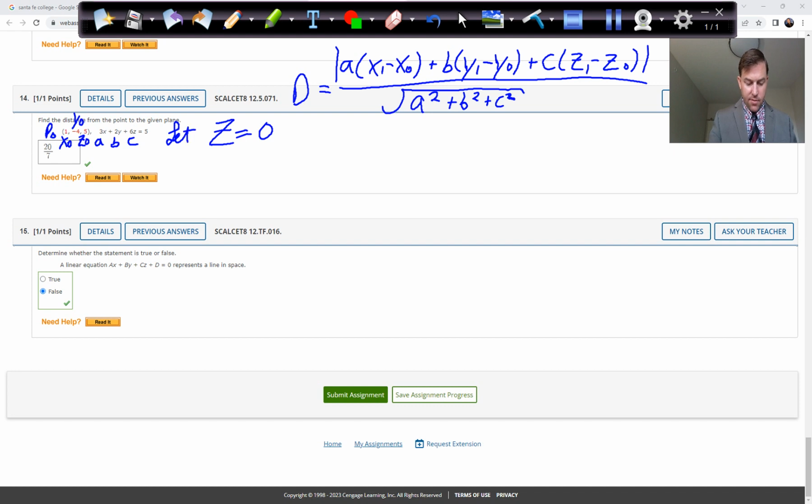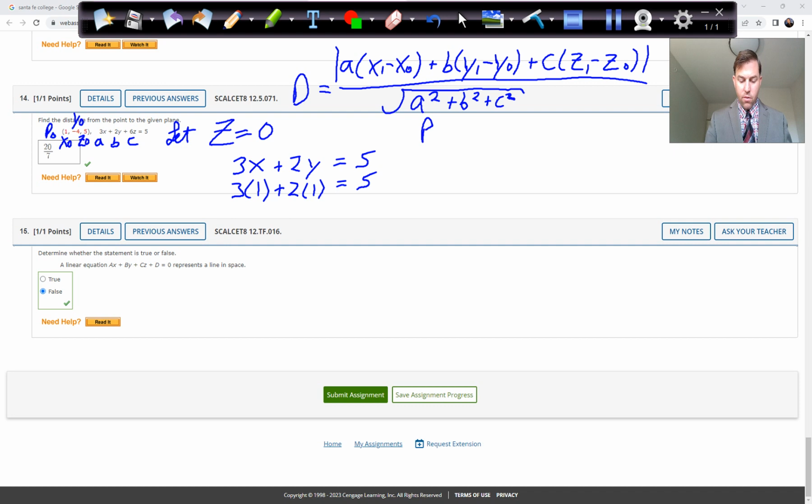Okay, if I plug z as 0 into this plane, I get 3x plus 2y equals 5. And that's one equation with two unknowns, so I have to force another variable to be a number. But you might notice if x is 1 and y is 1, that will equal 5, which means the point x equal 1, y equal 1, and z equals 0 has to be on this plane.